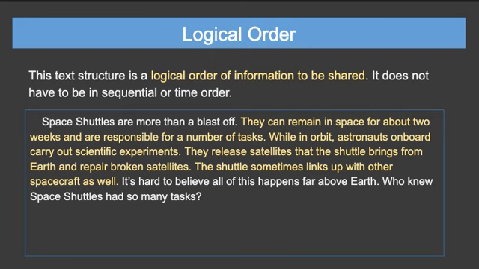But what it is, is that things need to happen in a logical order for something to happen. So why don't you pause, read through this example. I will say logical order is not very prominent as far as what we read in texts. So it's rarer, but it's still a text structure. So pause and read through this example.